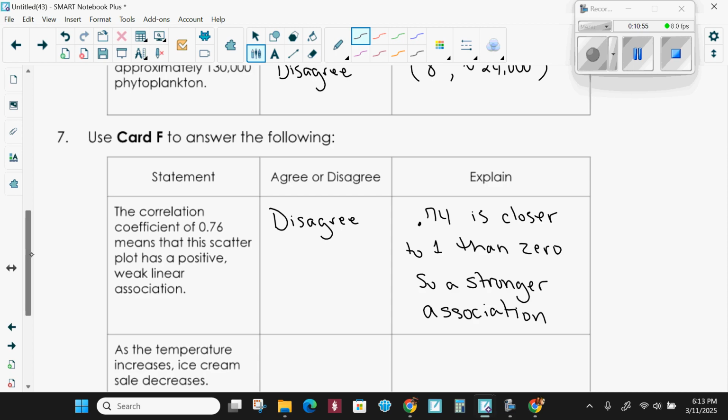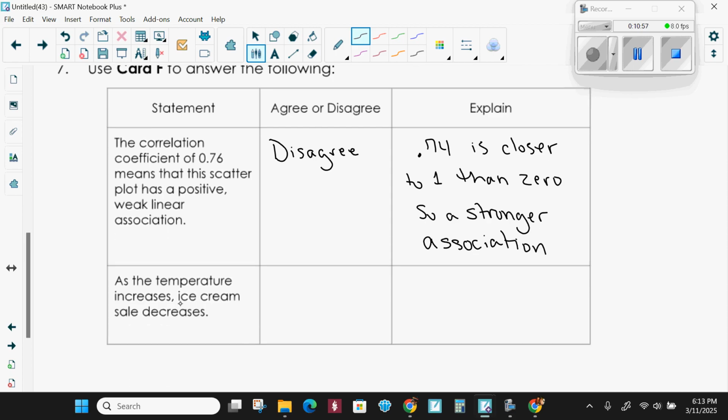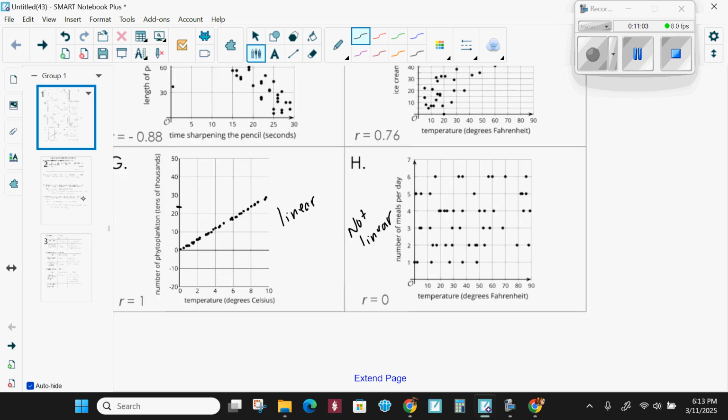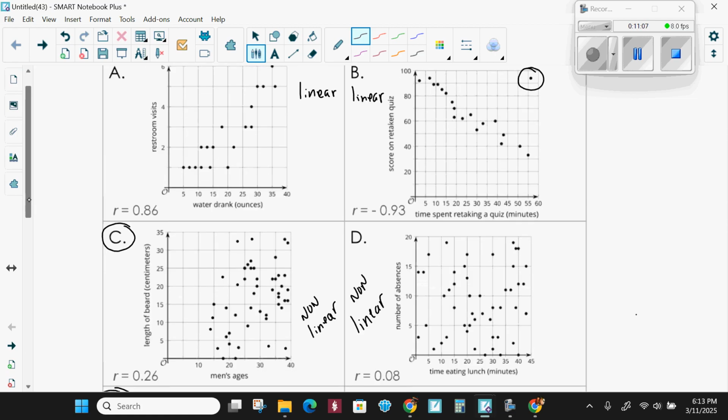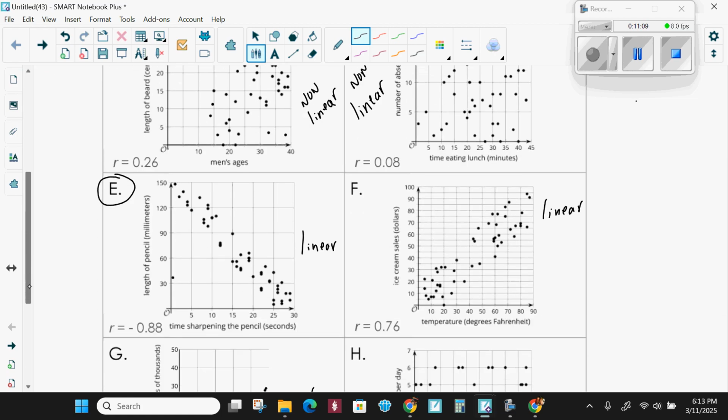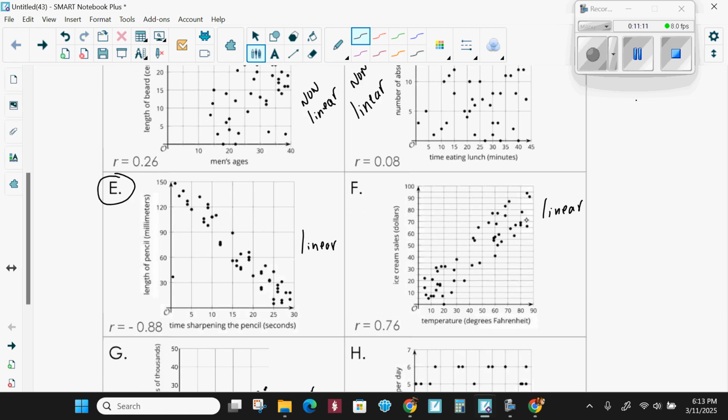Okay, last question. As the temperature increases, the ice cream sales decrease. If we go back and look at that, you can definitely see on F that it had that positive number, okay, positive correlation, that 0.76, so it's going up. So as the temperature goes up, the sales go up too.